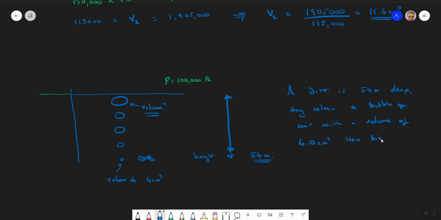How big is the bubble when it reaches the surface? Well, this is a bit of a sort of, just give this one example too.